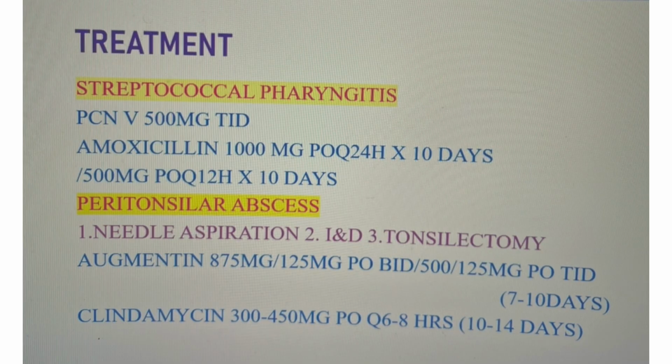And we can refer the patient for hospital admission if the patient cannot breathe or cannot swallow fluids, or there is uncontrolled pain, or there is some severe immunocompromise. I did not talk about the IV antibiotics because we are talking about outpatient pharyngitis treatment.